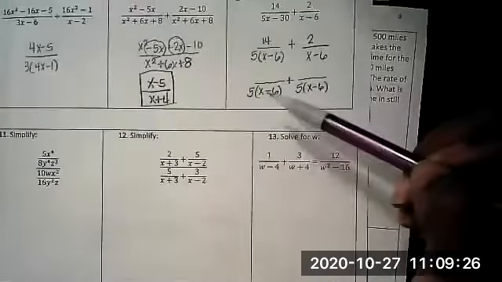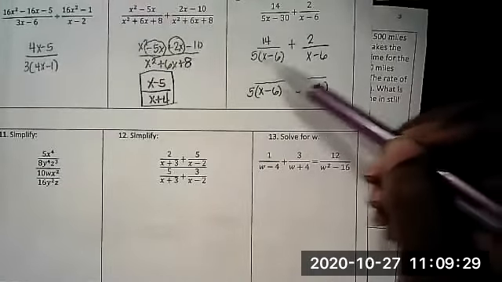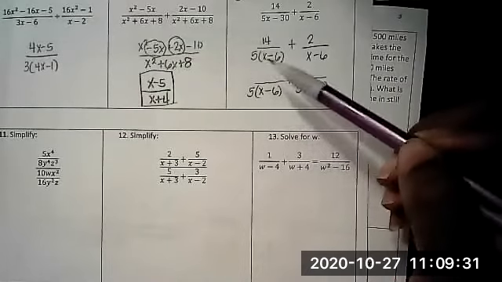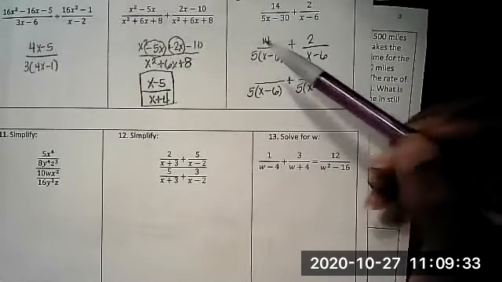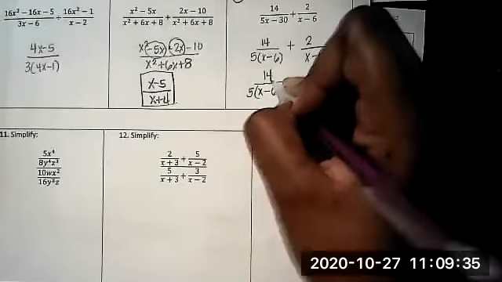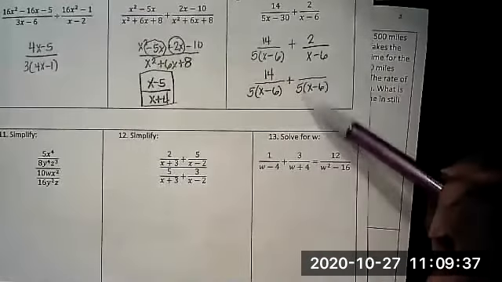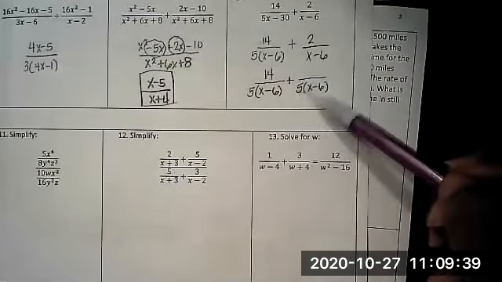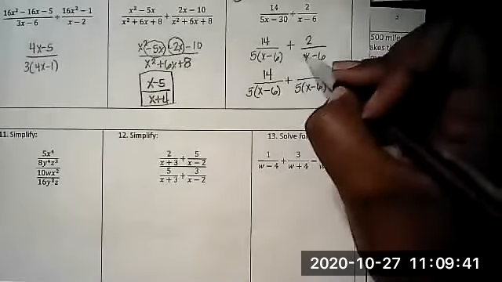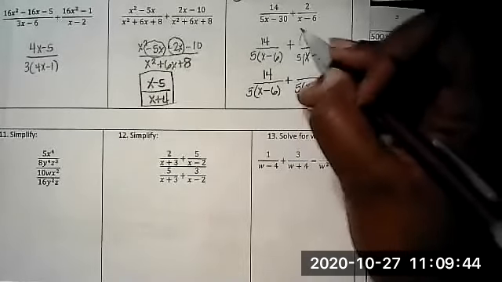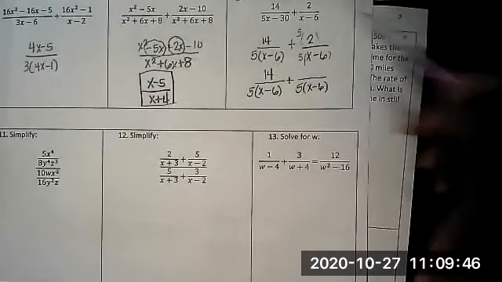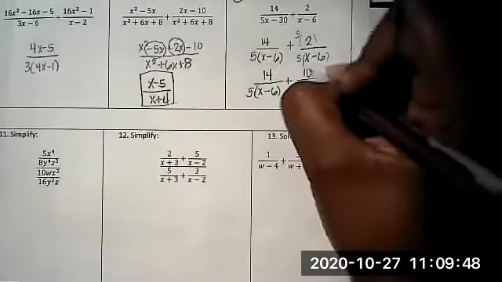If you see this, nothing changed from here to here. This stayed the same, so the top stays the same. This 14 stays the same. Now from here to here, though, 5 changed. So if you have an extra 5 here, guess what you have to do there? Multiply that by 5. So now 2 times 5 became 10.